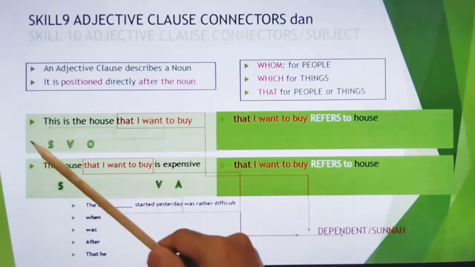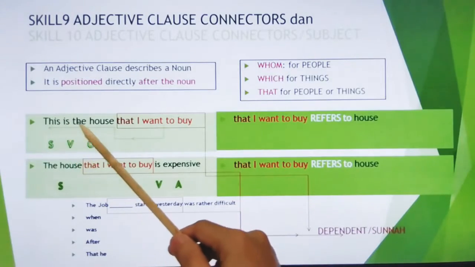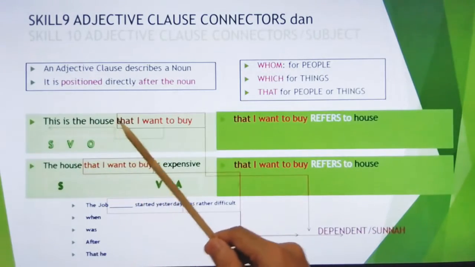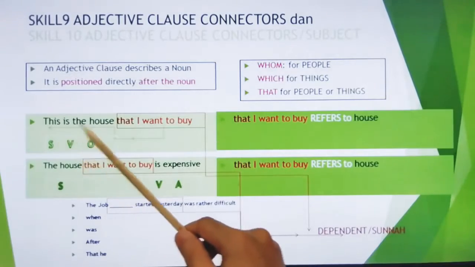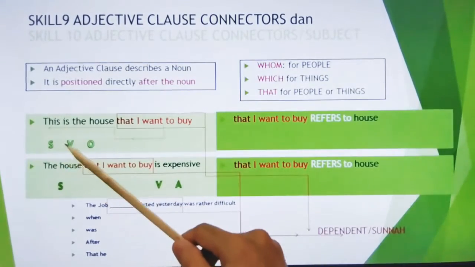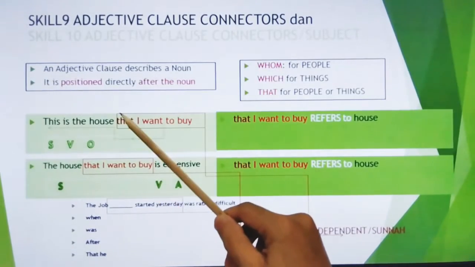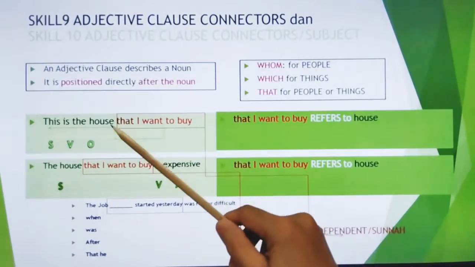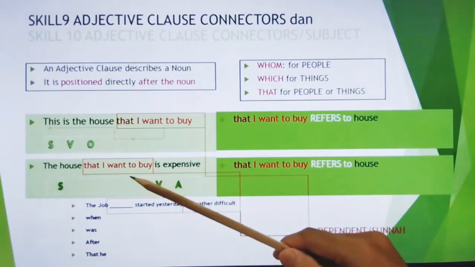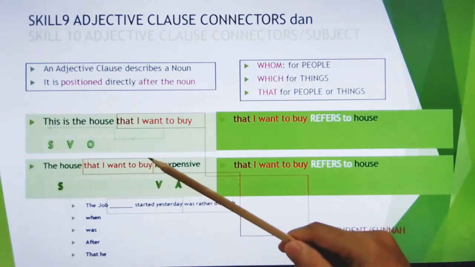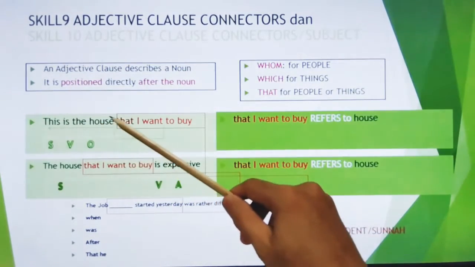What about this one? This is the house. If we omit this, the sentence is still correct: subject, verb, and also object. But why do we have to use this? Because we would like to give more explanation about the object, about the noun itself.